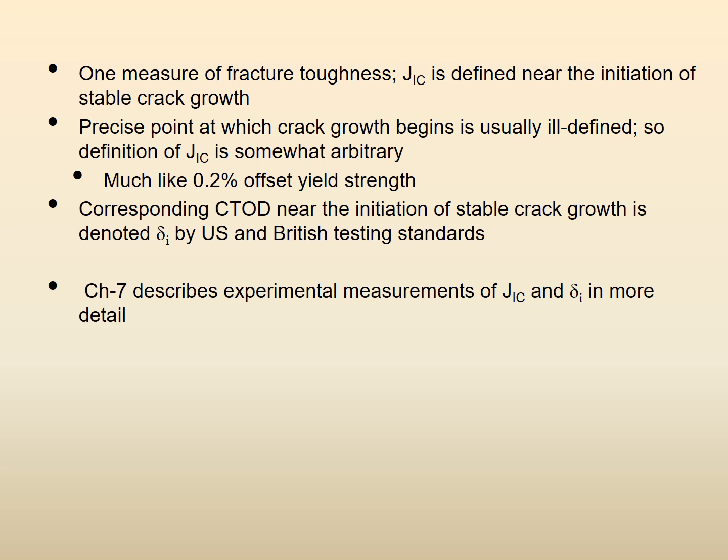Those experimental procedures of finding fracture toughness under the J integral and CTOD methods are described in chapter 7. We are not going into the details because we have described the general experimental method of finding J1 and CTOD or delta.